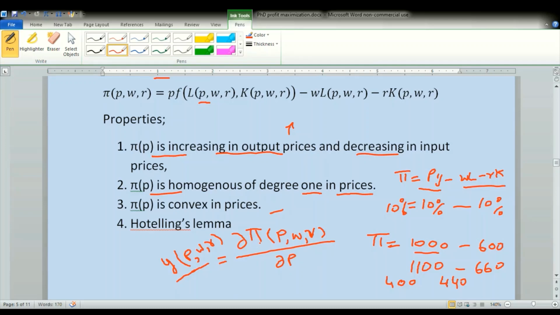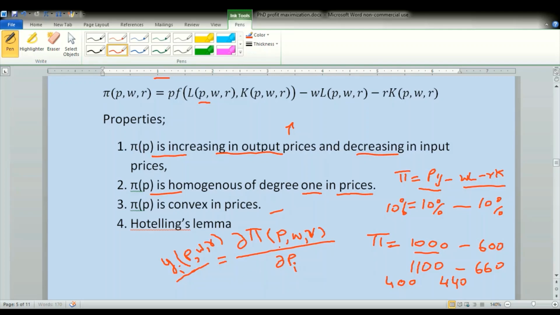So the derivative of the profit function with respect to the price of output gives the output supply function. If there were more than one output, then the derivative of the profit function with respect to the ith output price will give the ith commodity's supply function.